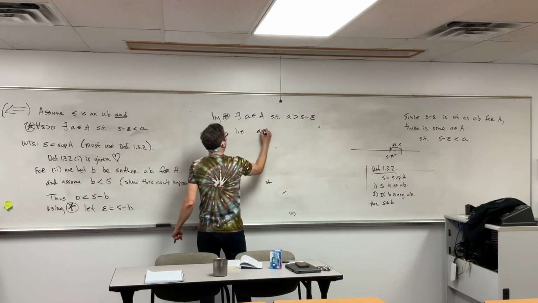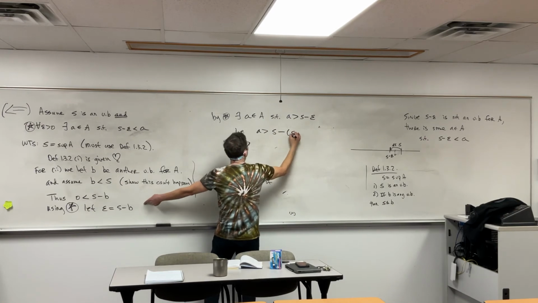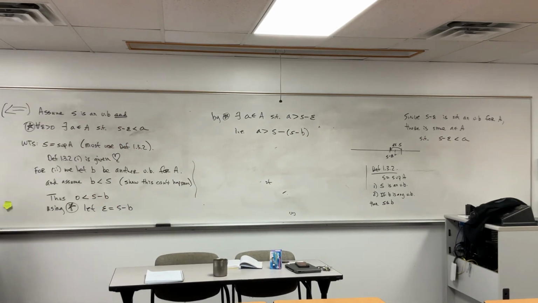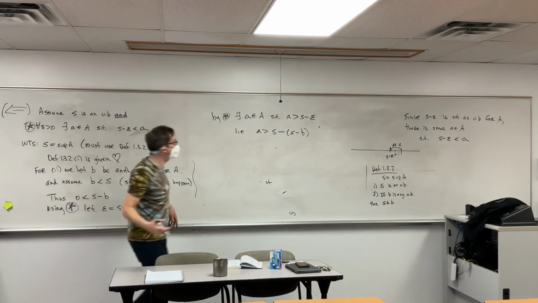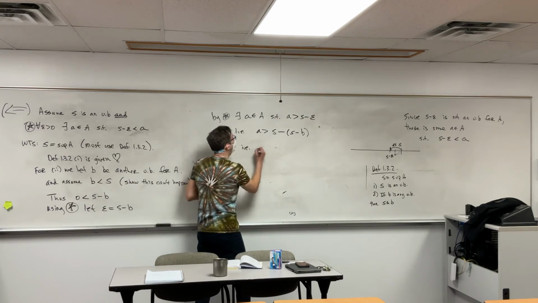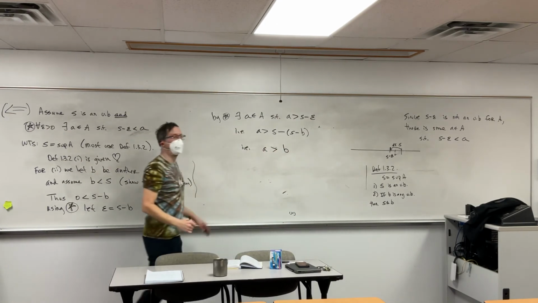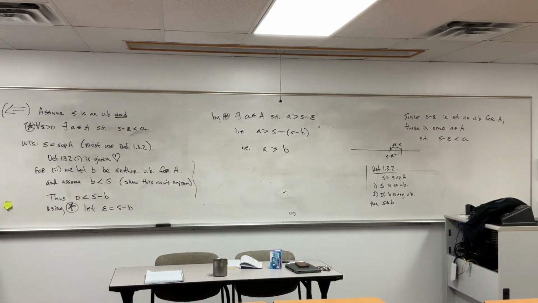I.e., A is greater than S minus B, because that's what I'm letting epsilon be. It's supposed to be true no matter what I've got a positive one. I.e., A is greater than B. Where's the contradiction? I just produced an element in the set that is to the right of B.